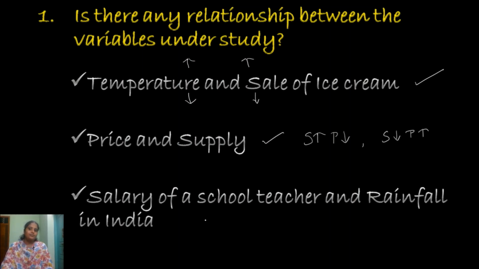Then, let's move on to the third example. Salary of a school teacher and rainfall in India. There exists no relationship between the salary of a teacher and rainfall in India. So, there is no relationship. It is meaningless to compare the two variables to find whether there is any relationship between them.